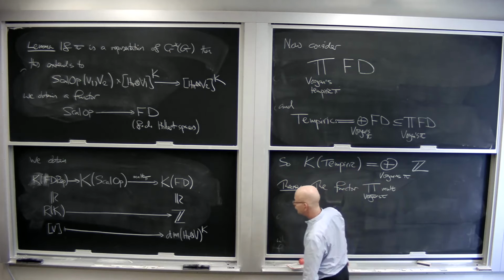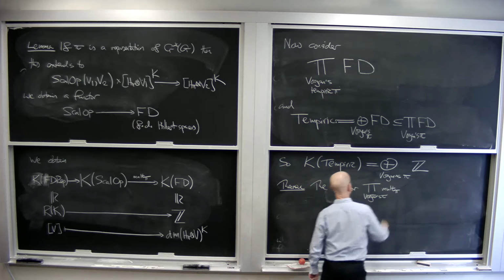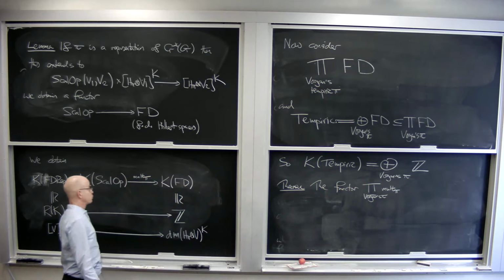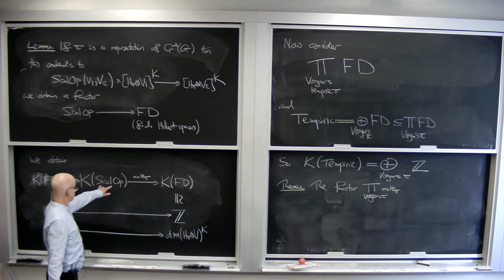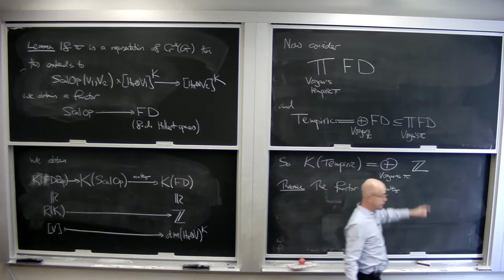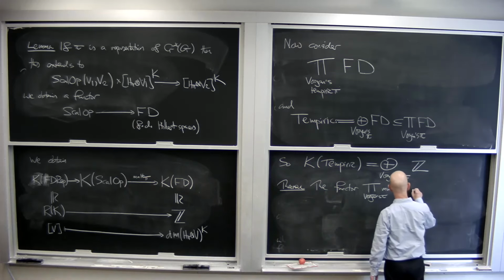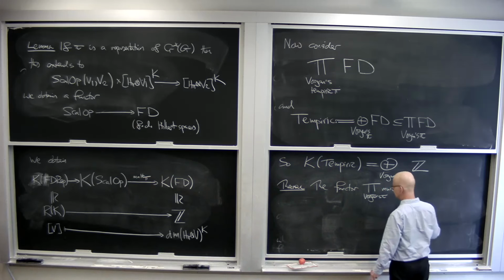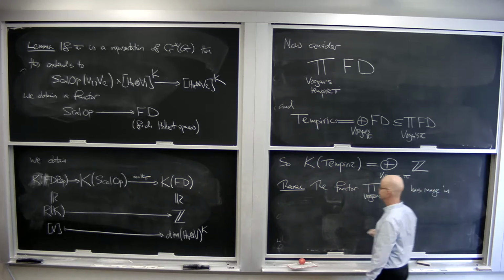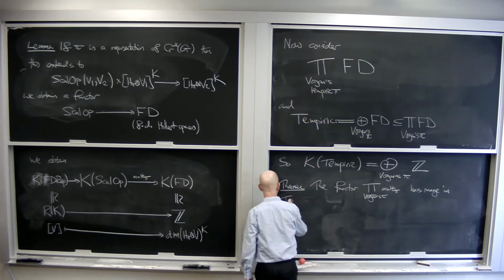what do we call them? Mult of pi, mult sub pi. This is a functor from scallop into the direct product here. Okay, and this thing actually, the functor has image, I think I had to say this, in the temperic category.